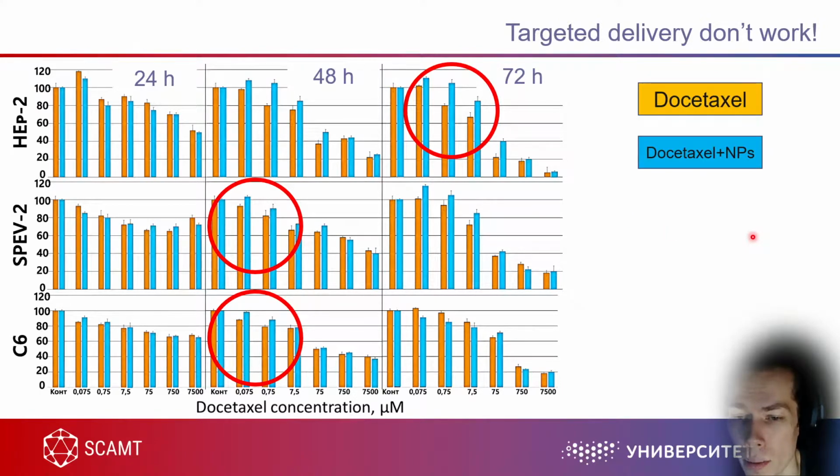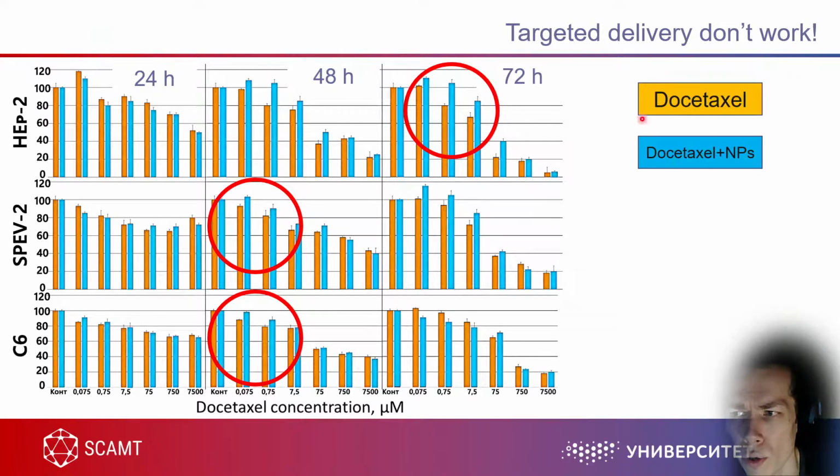Why am I telling you all of this? Because these are the results of an MTT test. And obtaining these results, you are not able to say what happened to your cells. Why? You add some anti-cancer drug. You conjugated your anti-cancer drug with some nanoparticles. These nanoparticles can be toxic, probably.